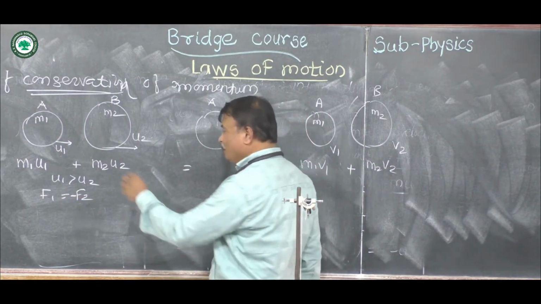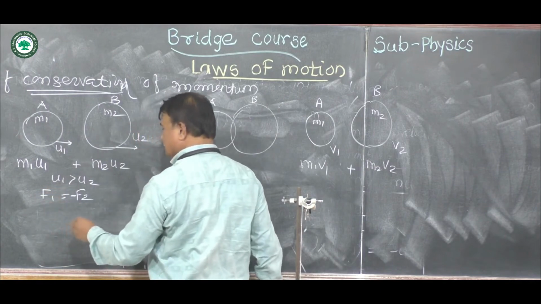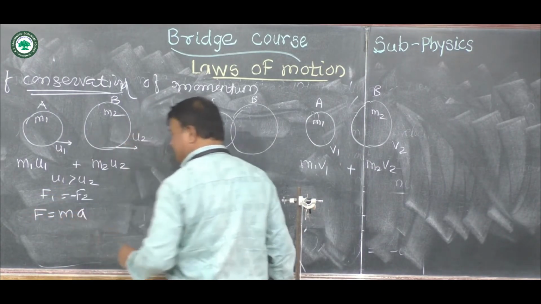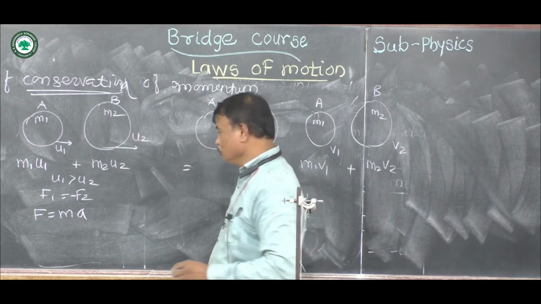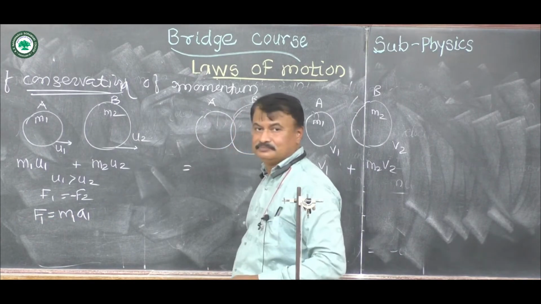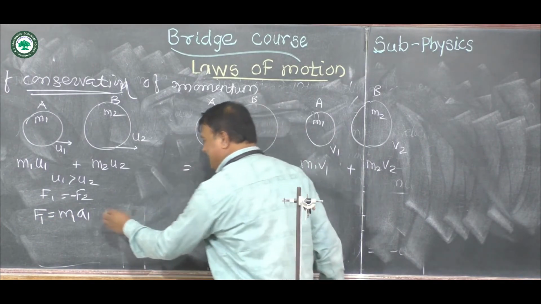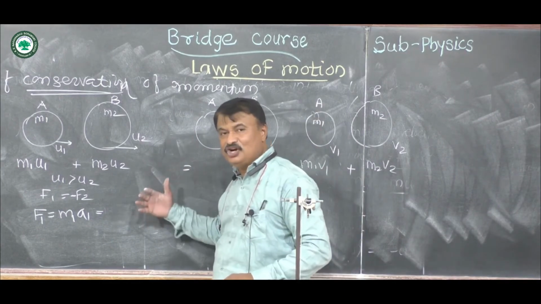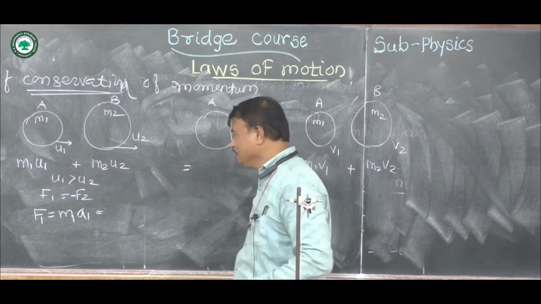Now we have to find out force F1. So F is equal to ma. So we get F1 is equal to m1 a1. A means acceleration. Acceleration means the rate of change of velocity with respect to time.